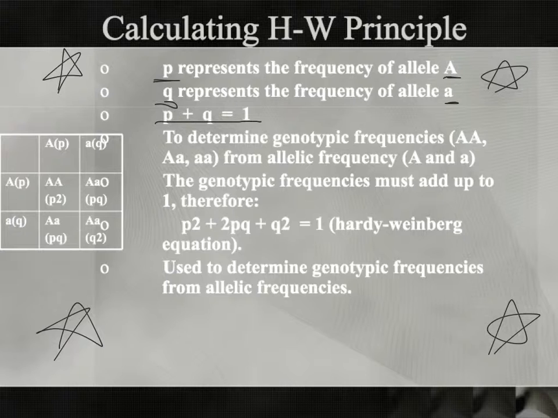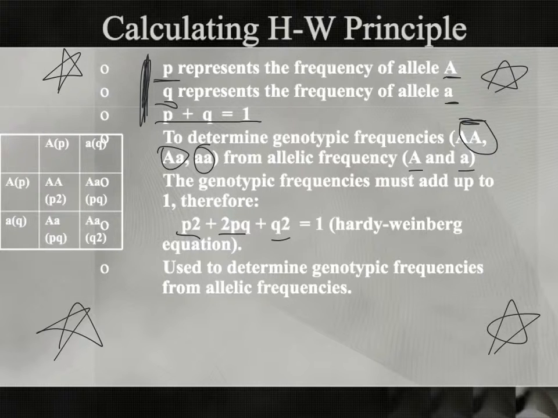Now to determine the genotypic frequencies, so up here we were looking at the allelic frequencies. Now to determine the genotypic frequencies, homozygous dominant here, heterozygous and homozygous recessive here, from the allelic frequencies, the genotypic frequencies must add up to 1. Therefore, p squared plus 2pq plus q squared equals 1.